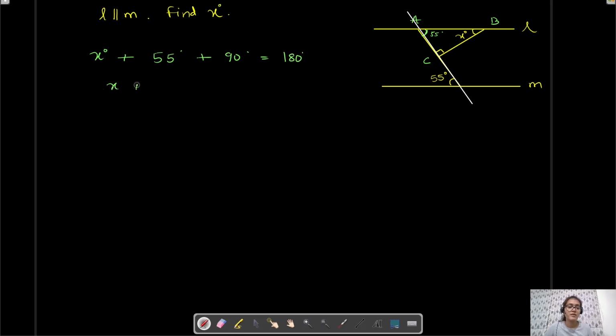So x plus 90 plus 55, that's 145, is equal to 180. So x is equal to 180 minus 145. 180 minus 140 is 40, and you subtract 5, you get 35.